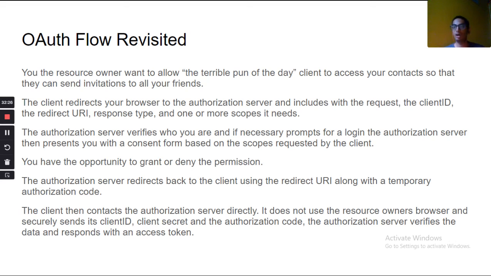It will ask, are you sure you want to allow Terrible Pun of the Day to access your contacts? And there'll be an allow and a decline button. If you want to grant permission, you click on the allow button. If you want to deny permission, you click on deny. So there you have the opportunity to grant or deny the permission.